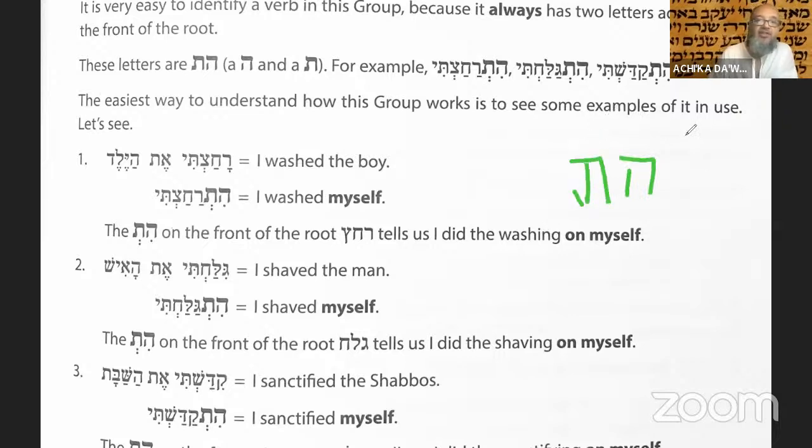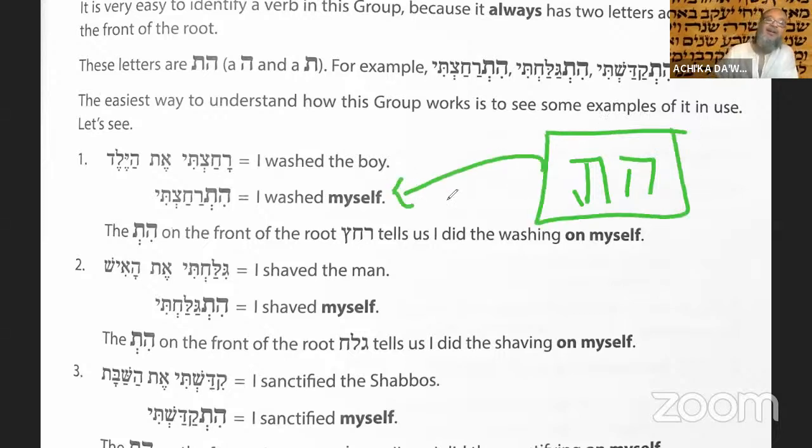And this right here tells you myself. So you break it down, you got the pieces. Okay, I'm sorry for my line, it's a little thick. There it is. That's myself. This is I, and the root right here is rakats, which is washed. Past tense. How simple is that?